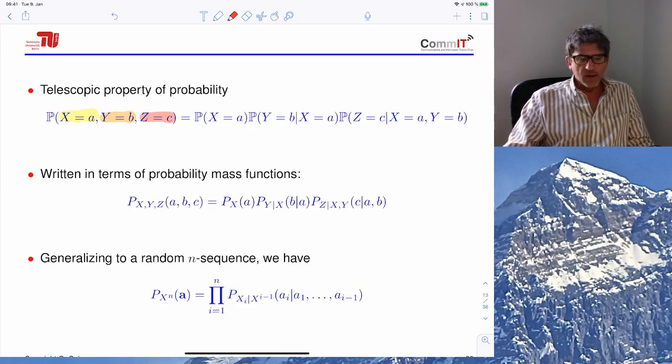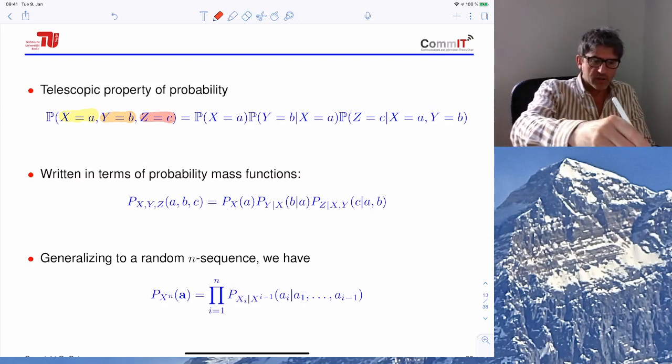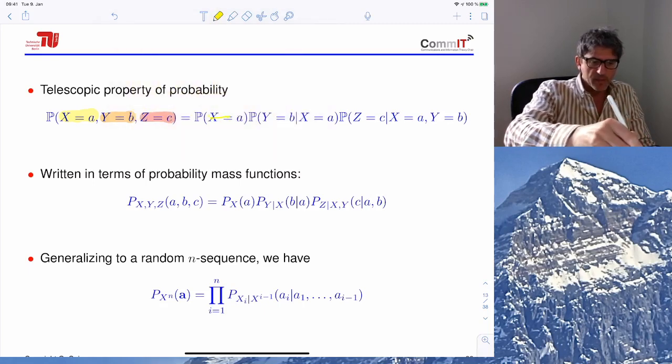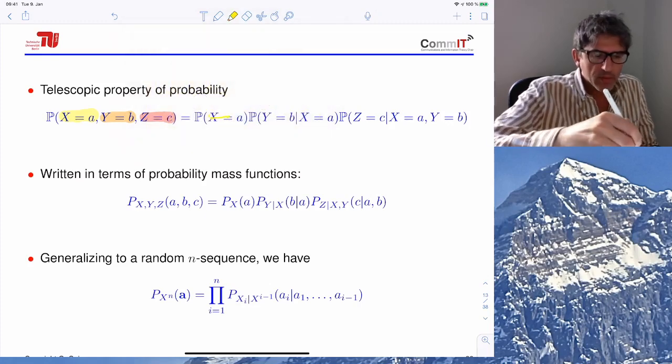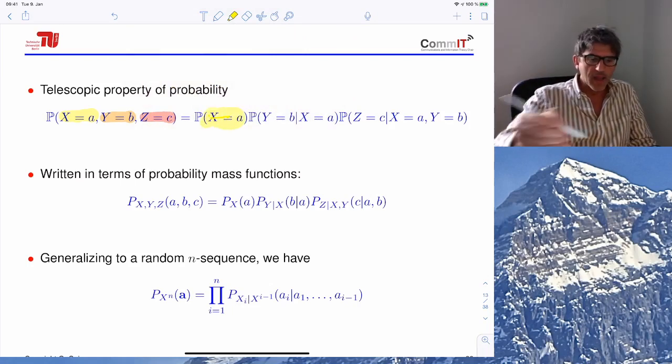But this probability can always be developed in terms of products, where we just take one event as first. In this case, we take the yellow event. So we write the probability of x equal to a.